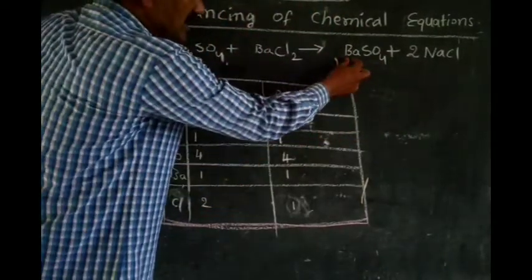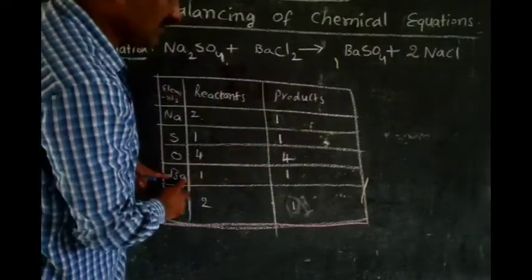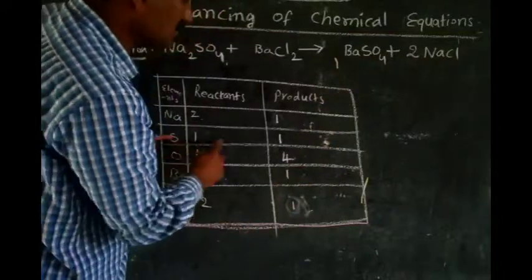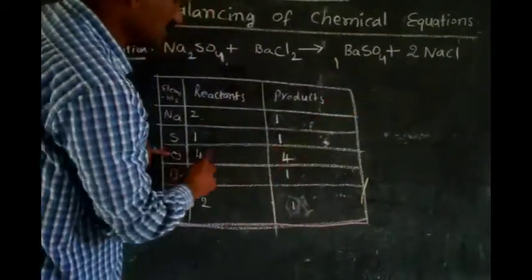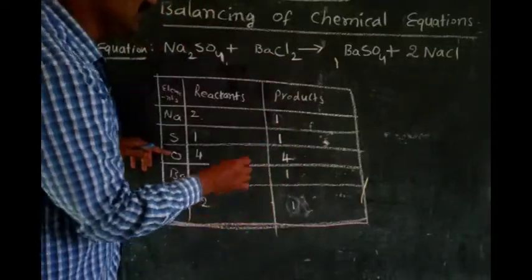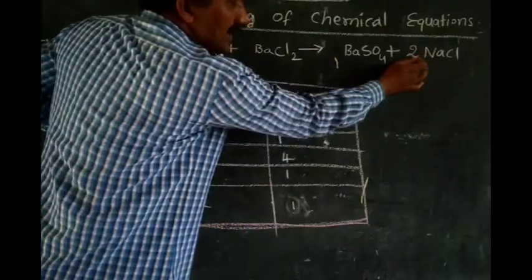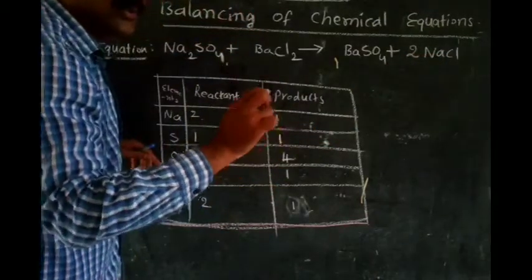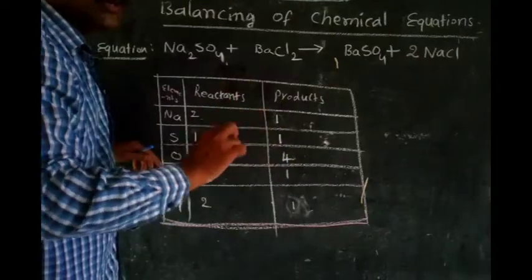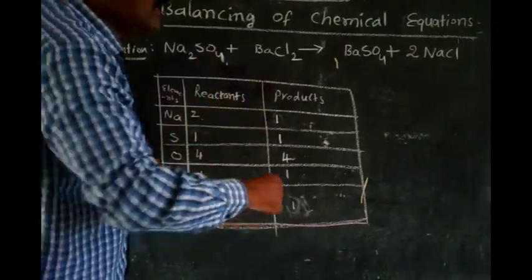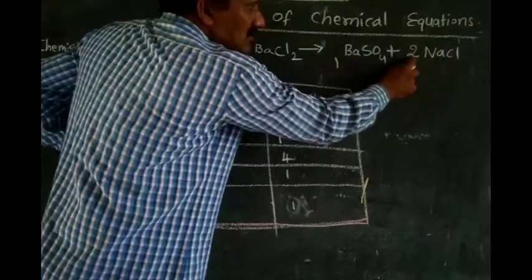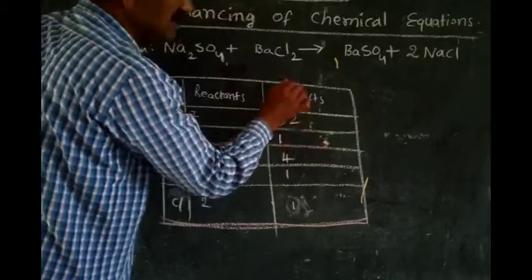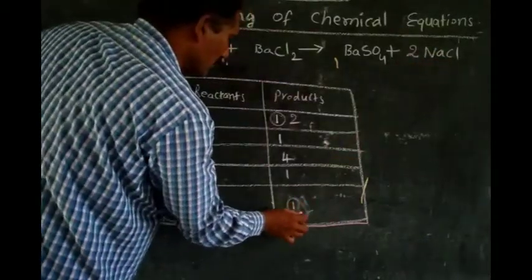In the products, barium earlier 1, now also 1, sulfur 1, sulfur also 1, and oxygen 4, there is no change. Now sodium, as we retain the coefficient 2 for the sodium chloride, means we are taking 2 sodium chloride molecules. In each sodium chloride molecule 1 atom of sodium is there. That's why now in the 2 molecules 2 sodium atoms are there, and chlorine also became 2.